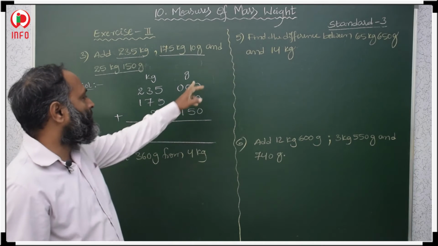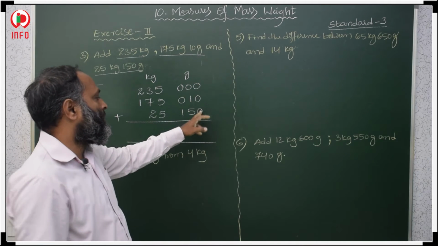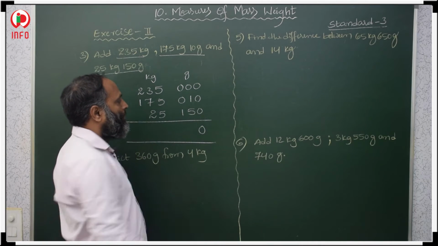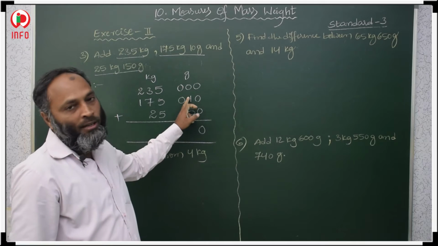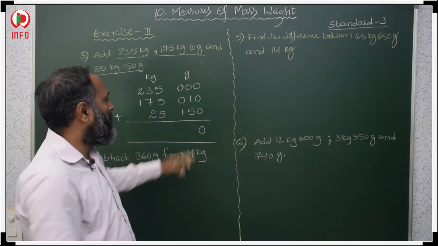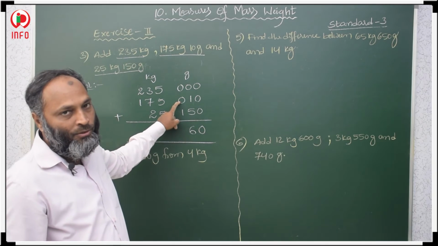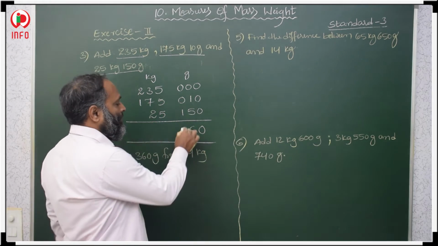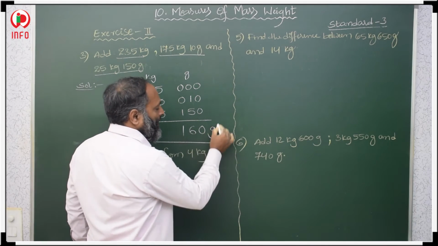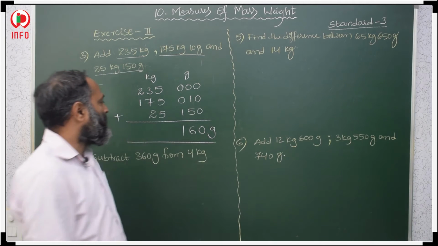Now add all this. How to add grams? 0 plus 0, 0, 0 plus 0, 0. Extreme right is 0. 0 plus 1 is the number itself, 1, 1 plus 5 is 6. 0 plus 0 is 0, 0 plus 1 is 1. So it is grams, 160 grams.